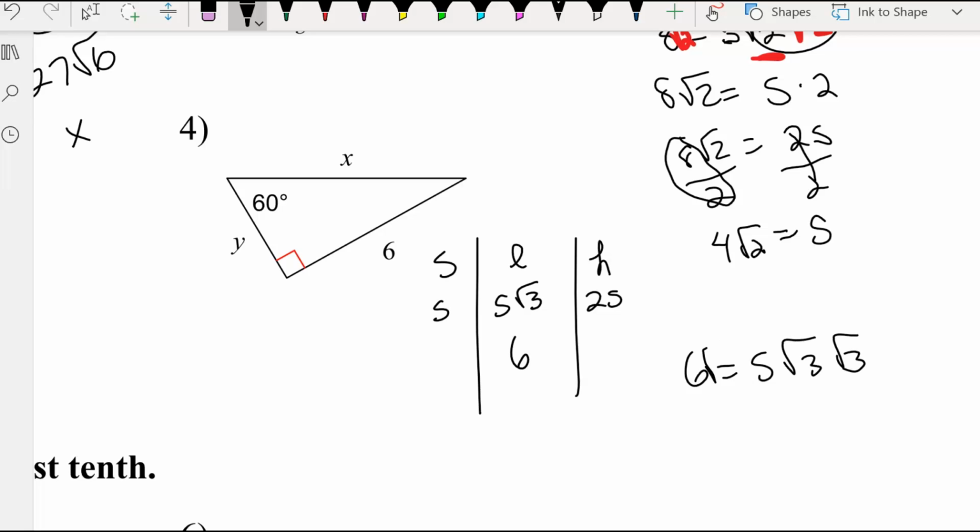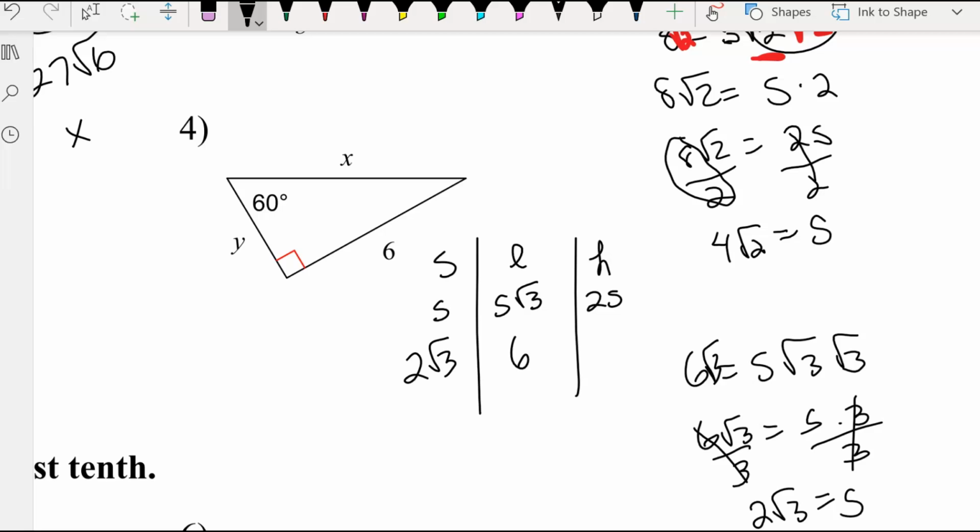Multiply both by radical 3, 6 radical 3 equals S times 3. Divide both by 3, 6 divided by 3 is 2, your S is 2 radical 3. We already know what this one is, and this one is twice as big, so it's 4 radical 3.